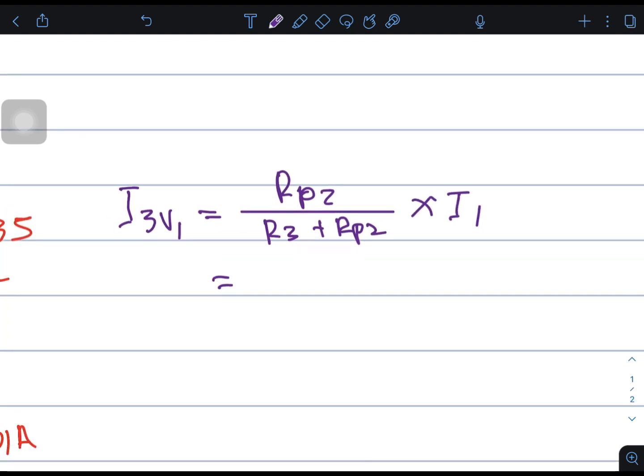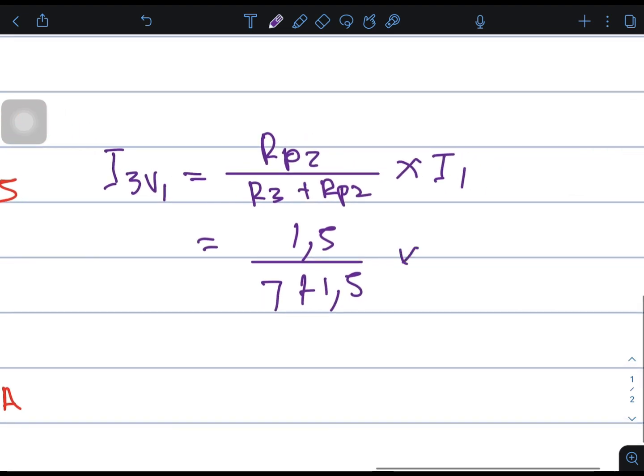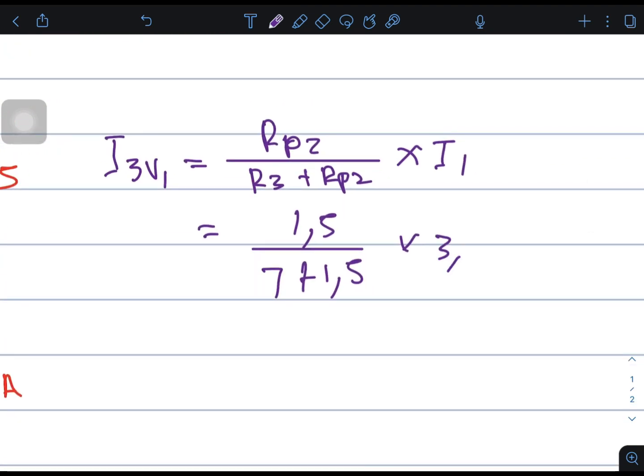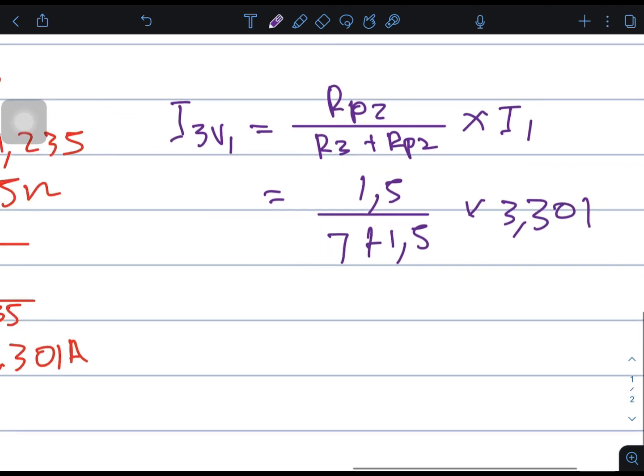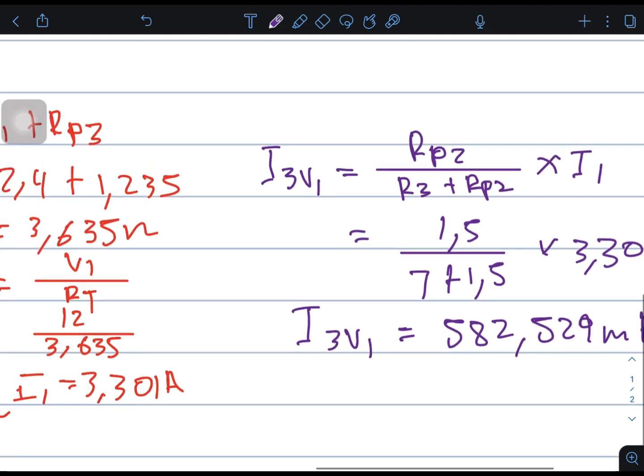So R parallel 2 is 1,5 over 7 plus 1,5 times 3,301, which is the current being contributed by the source V1. The current contributed is 582,529 milliamps.